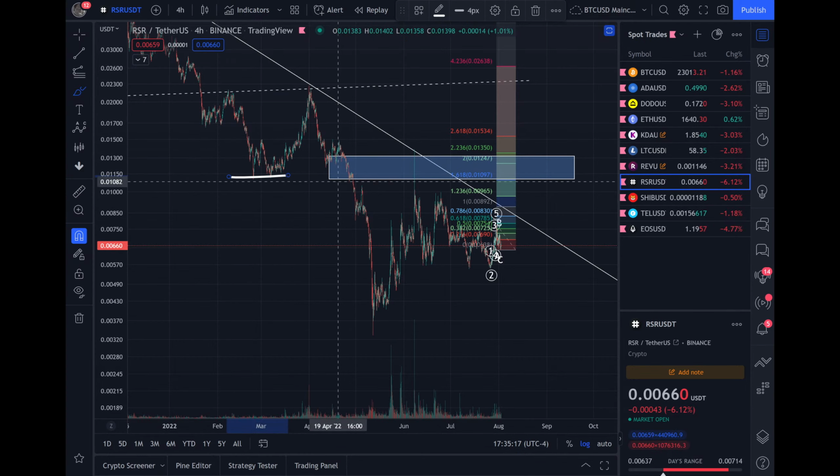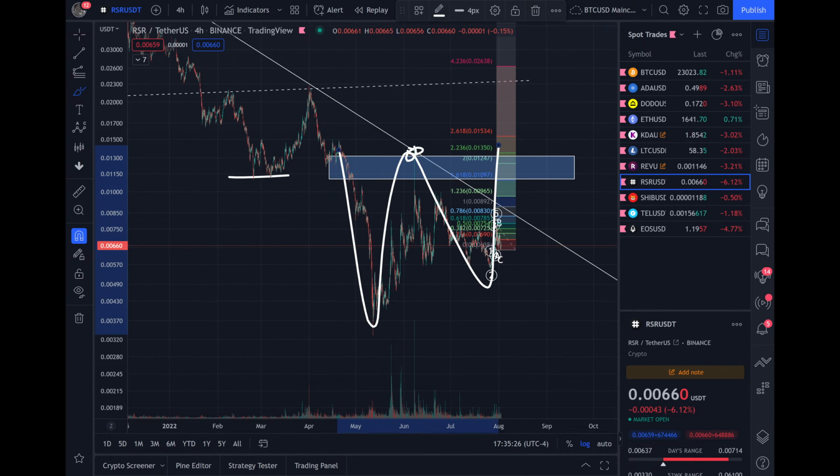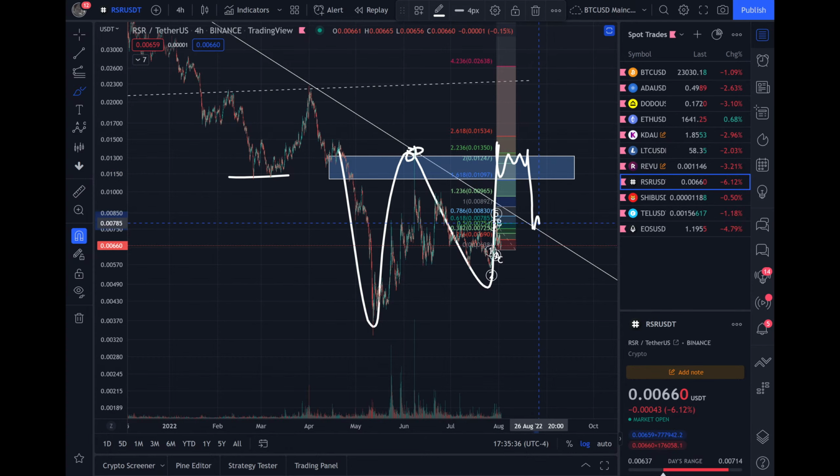So right here, you get the top of this, right? It makes geometric sense. You're pretty much forming a W pattern, okay? And so after it's all said and done, you're probably going to retest this, consolidate, and then continue for your wave 5. That's what I'm seeing.